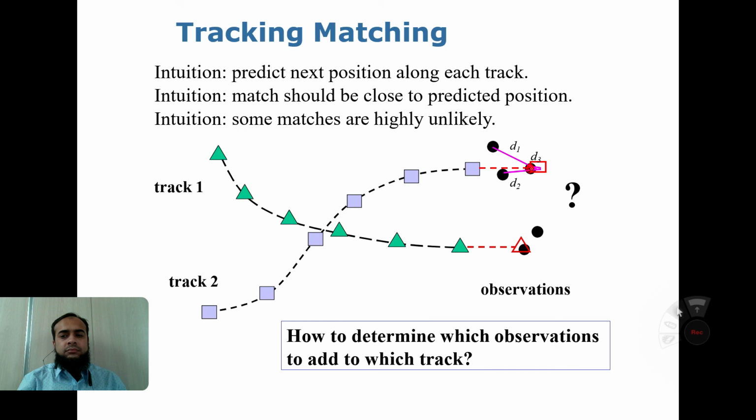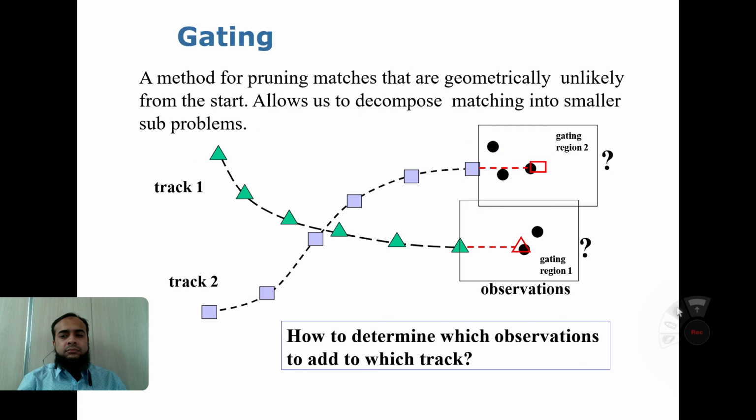So we can assign this measurement to this track and this measurement to this track. So for example, here the procedure for pruning the matches that are geometrically unlikely from the start allows us to decompose matching into smaller subproblems.